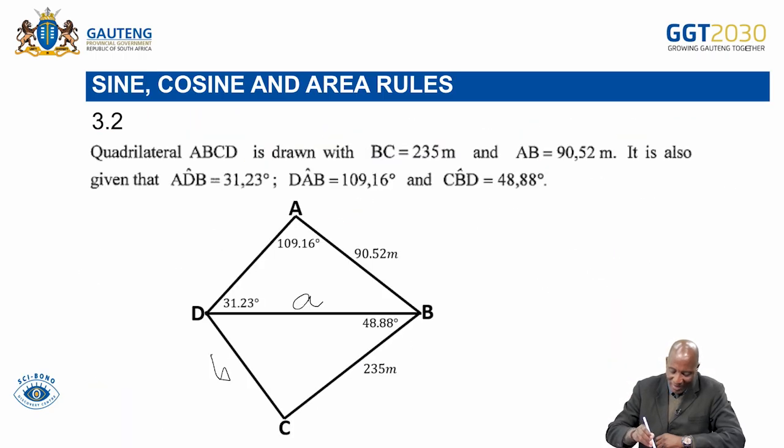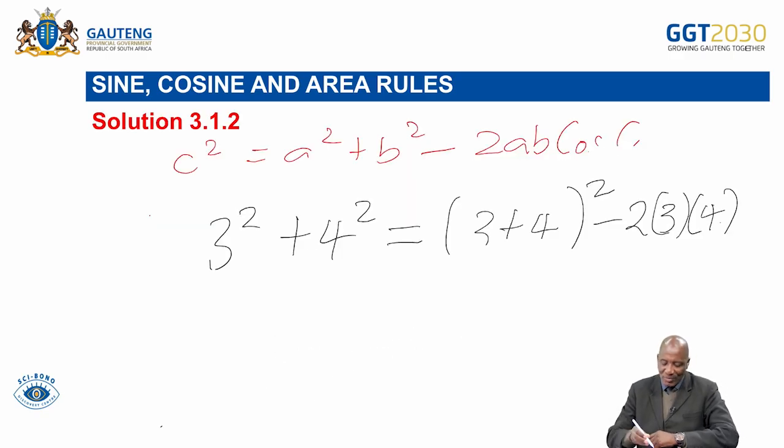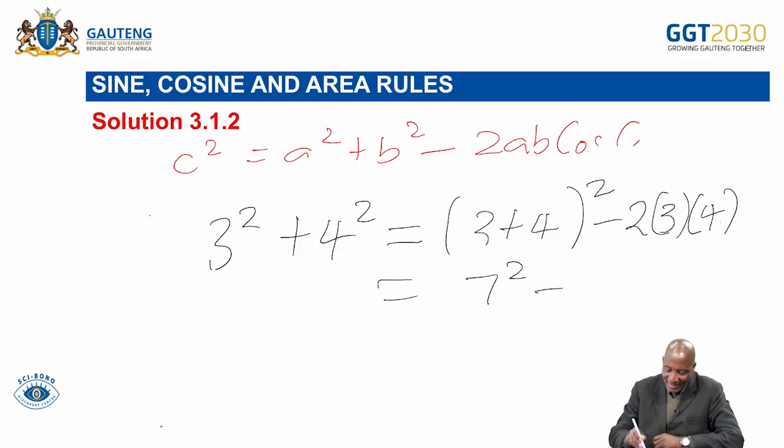That's how you can combine them. So it's going to be 3 plus 4 squared minus double 3 times 4. It will work. This means you now have 7 squared minus 24, that product.